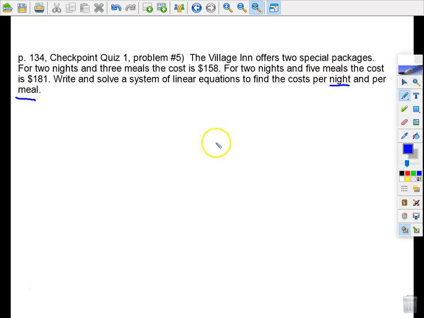So since those are the 2 items that I'm supposed to determine, let's have a variable represent each one of those. And really, if you wanted to let N stand for a night cost, M stand for a meal cost, that would be fine. I'm just going to go back to the old traditional X stands for per night cost. How much is a night going to cost a person?